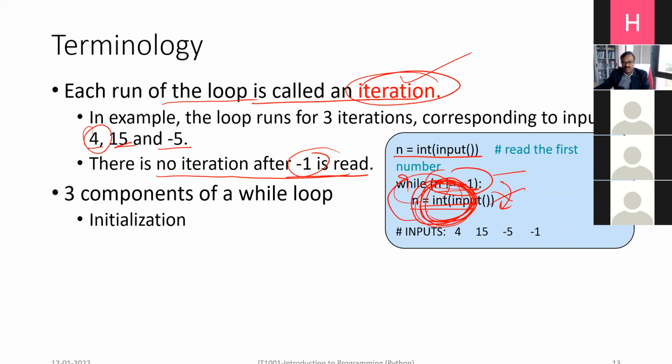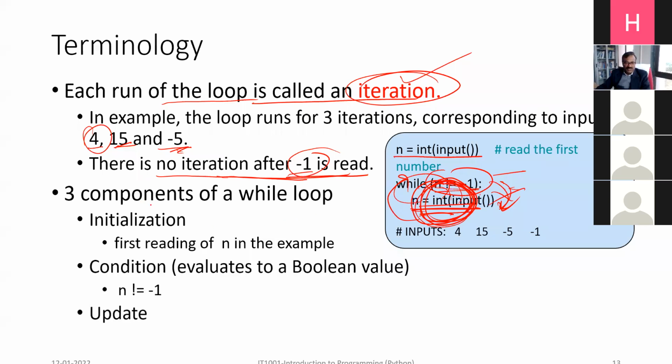Then it will go back and take one more input, -5, like a third iteration. And then -1 is read, and after that it is not going to get inside. So you can see we got this problem solved, which is finding the maximum.